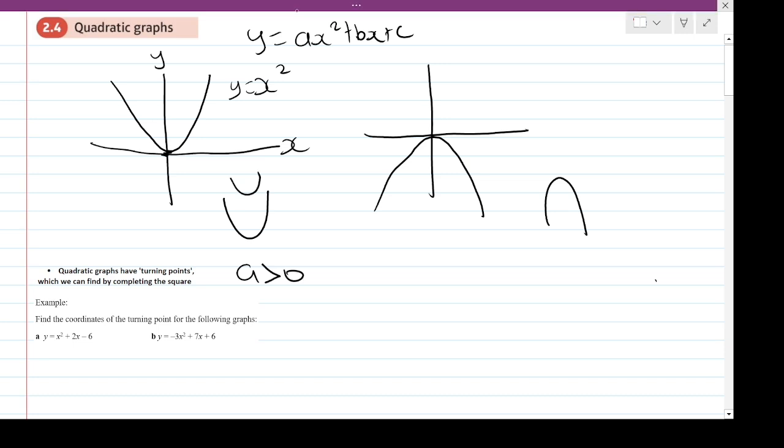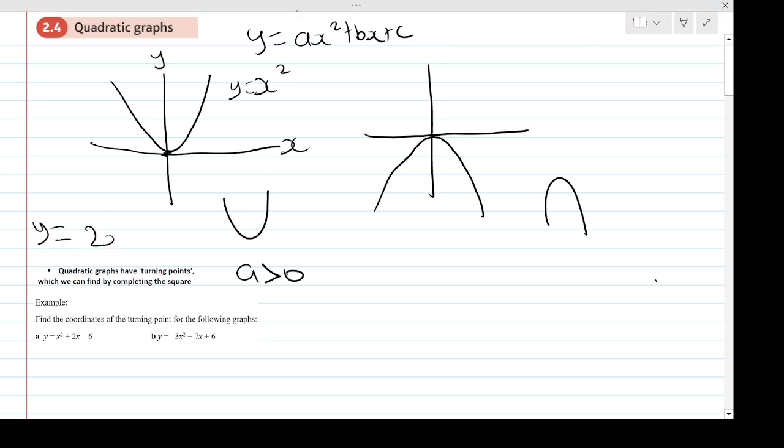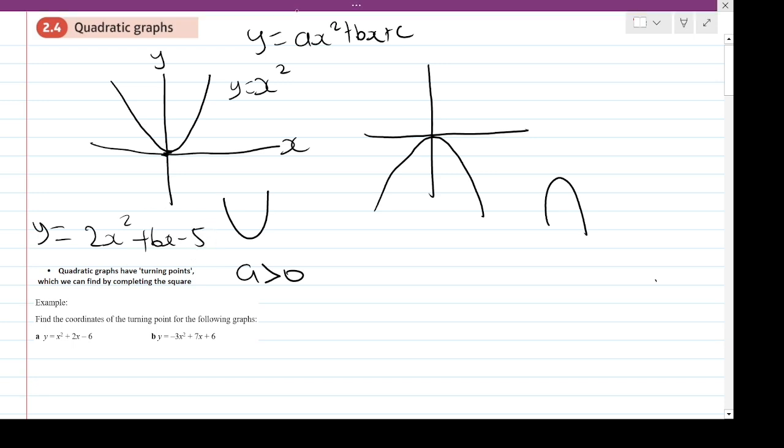So the coefficient a is positive. For example, if we had y is 2x squared plus 6x minus 5, it doesn't matter what these two terms are. We only care about the x squared coefficient, and here we have 2. And 2 is positive, so it would be a smiley shape like that.